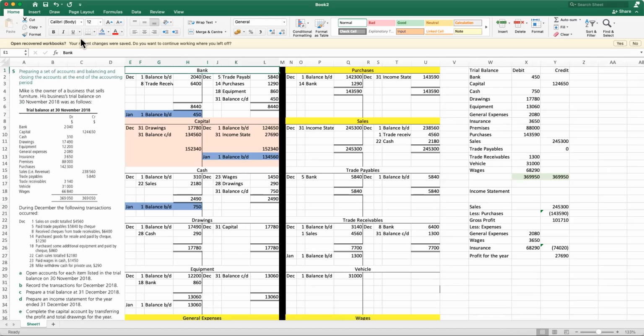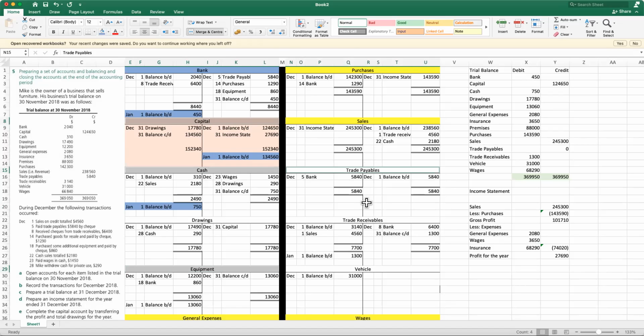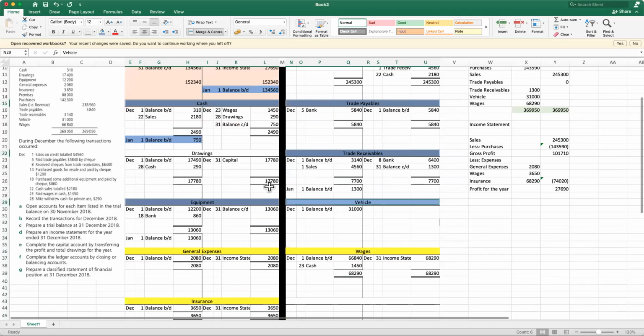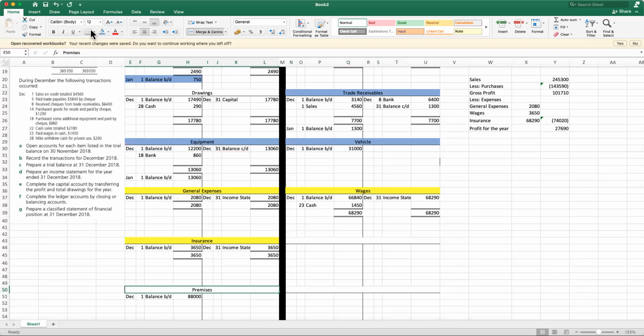For example, my bank, my capital, my cash, drawings, no, equipment, yes. My trade payable, trade receivable, my vehicle, all yes. All of them are going, as well as my premises.